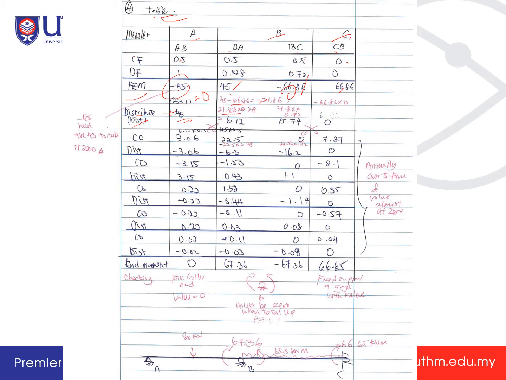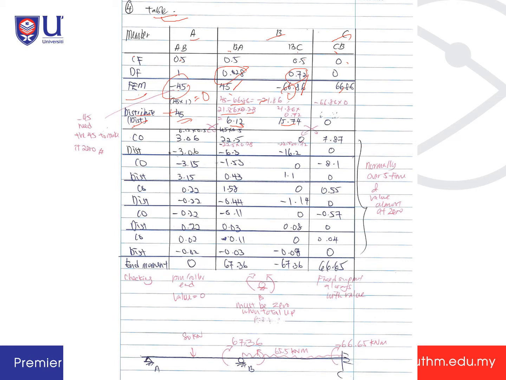And then it is distribute 0.28 and distribute 0.72. So 21.86 times 0.28, you will get 6.12. And 21.86 times 0.72, you will get 15.74. Okay, so you settle this now.